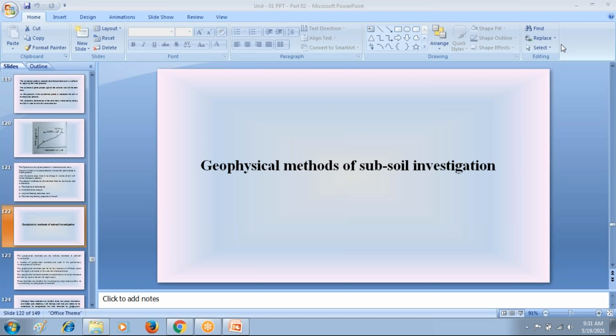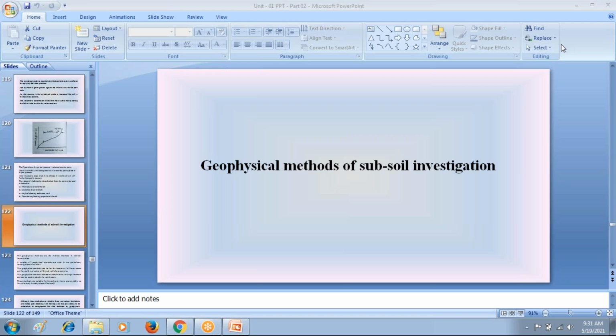Then in the previous classes, I explained the different methods used in subsoil exploration: direct methods, semi-direct methods, and indirect methods. We have three different methods to conduct the subsoil exploration. Subsoil exploration means the study of soil below the ground level.